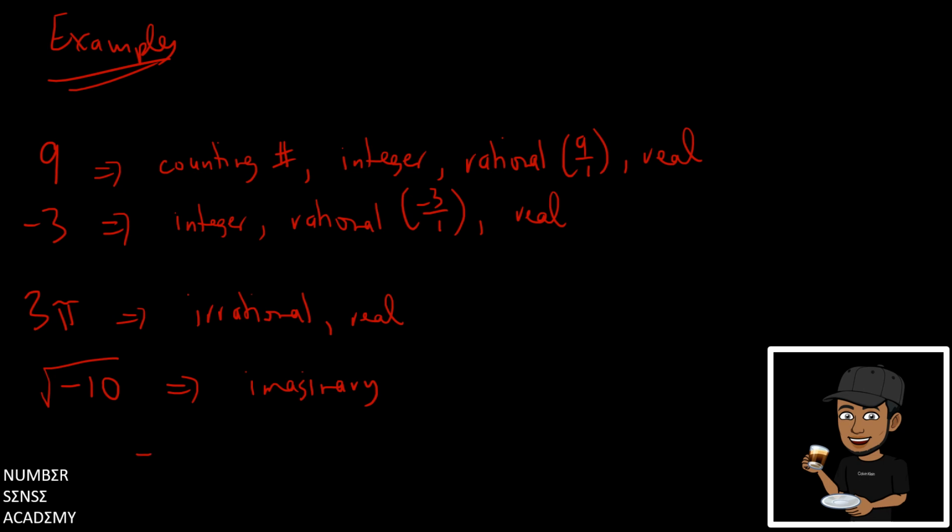Another one, if I have -3/7, what's happening here? It's a fraction, so we'll make note of that. It is rational, an integer divided by another integer, and it's real. And what if I take negative square root of 7?